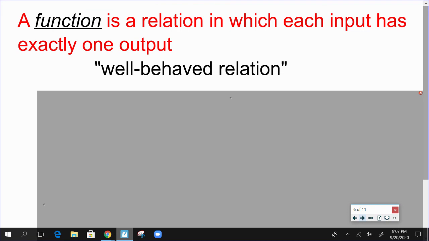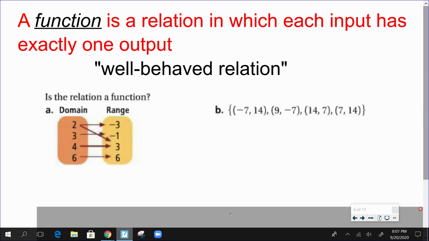A function is a relation in which each input has exactly one output. Well, I don't know what that means. So if I look at this one right here, see how 6 goes to 6, 4 goes to 3, 3 goes to 1, but 2 goes to 2 different values. Think about it this way. If you are working at some place and the first week you work 4 hours and you get paid $40.